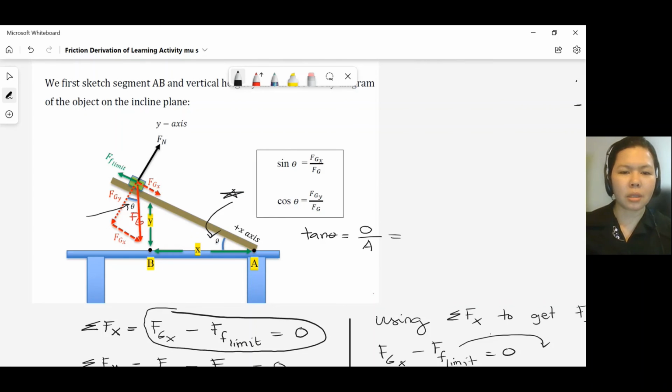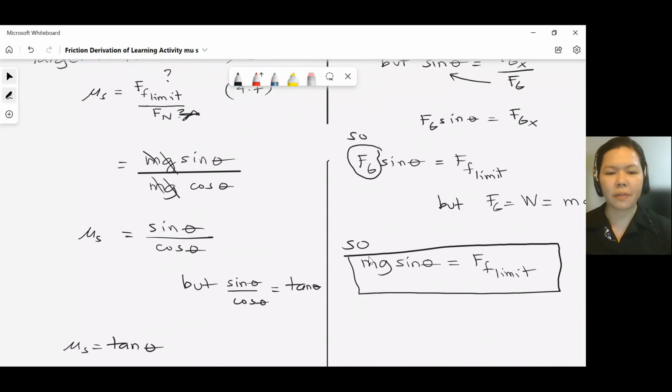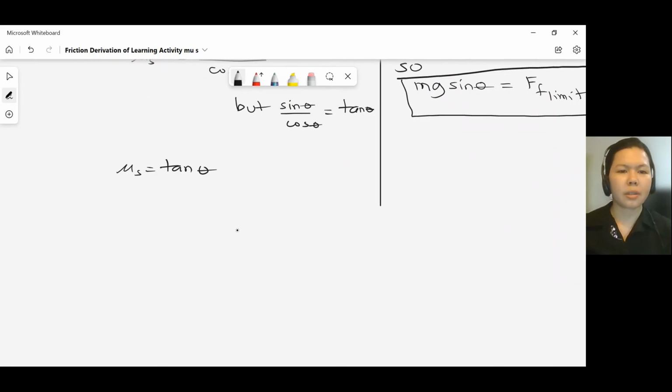Looking at theta here, the opposite side is the y, the vertical height you measured using your ruler from point B, over the adjacent side of theta, which is x, the one you measured from point A to point B. So tangent theta equals y over x.